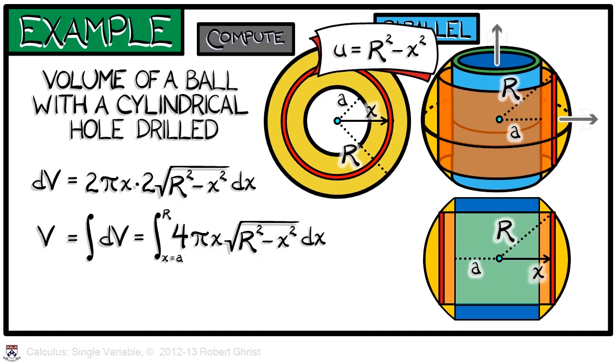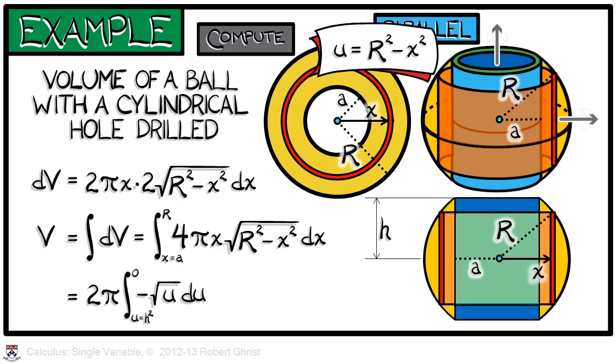Doing this integral won't be so bad with a u substitution of u equals r squared minus x squared. That leads to the integral 2 pi times the integral as u goes from h squared to 0, where h is the half height of this object, if you will.